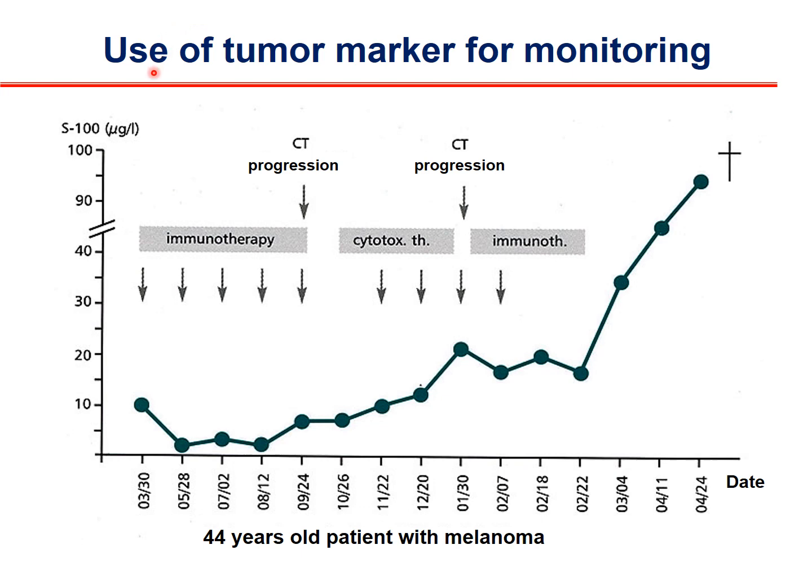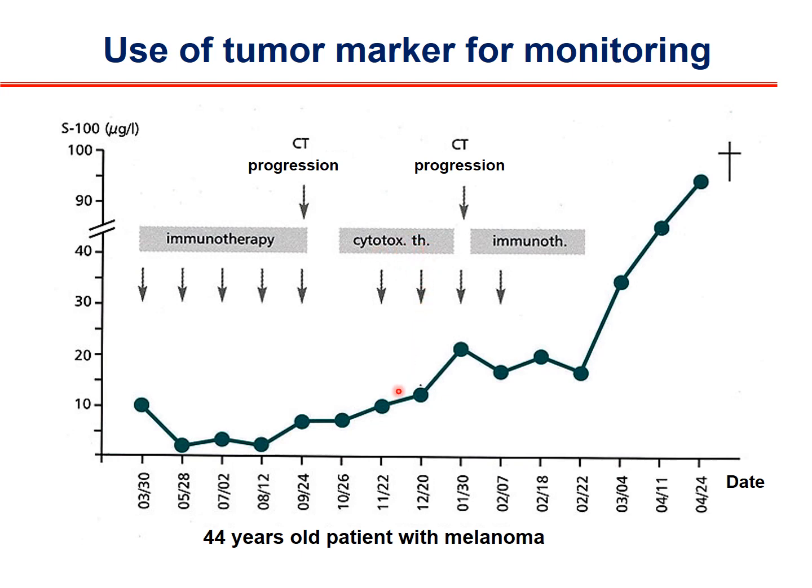Now let's see, for example, a tumor marker monitoring case. There's a 44-year-old patient with melanoma who received immunotherapy, and after months, the markers looked like they started to increase. The CT progression was confirmed, and they changed to cytotoxic therapy.